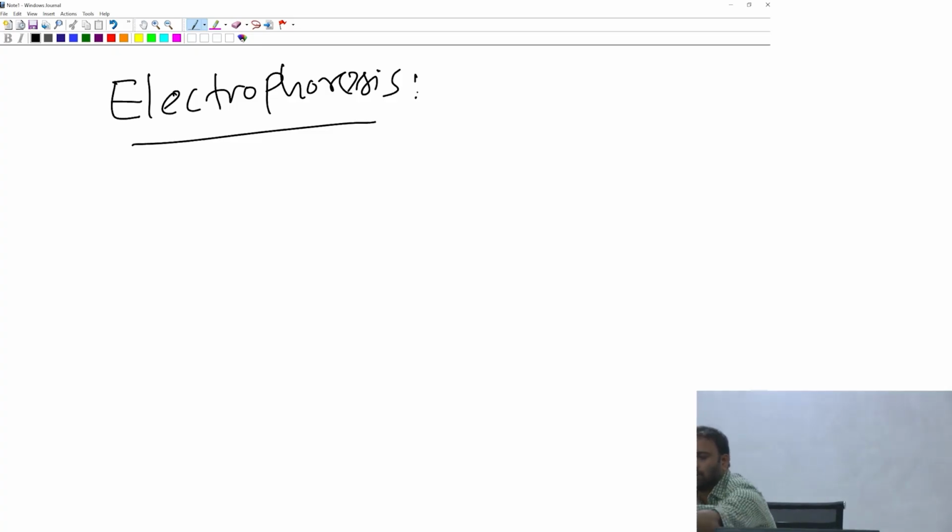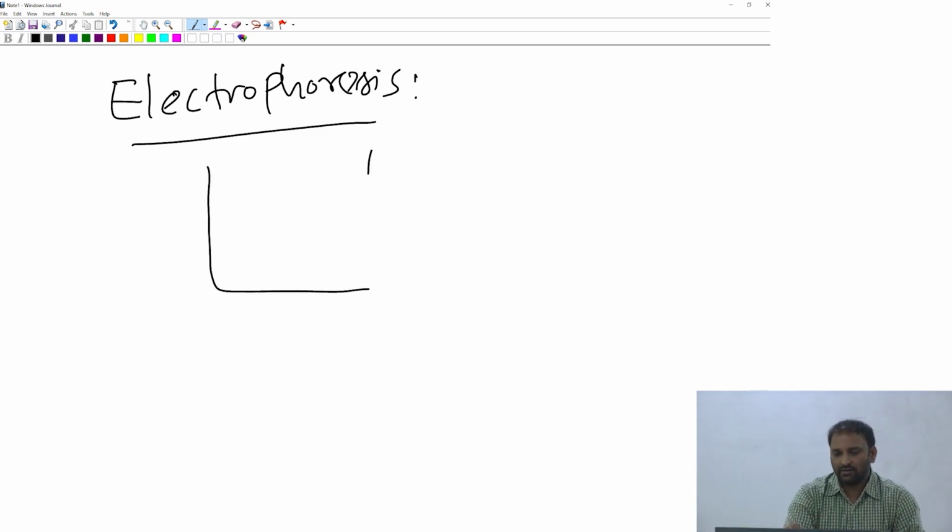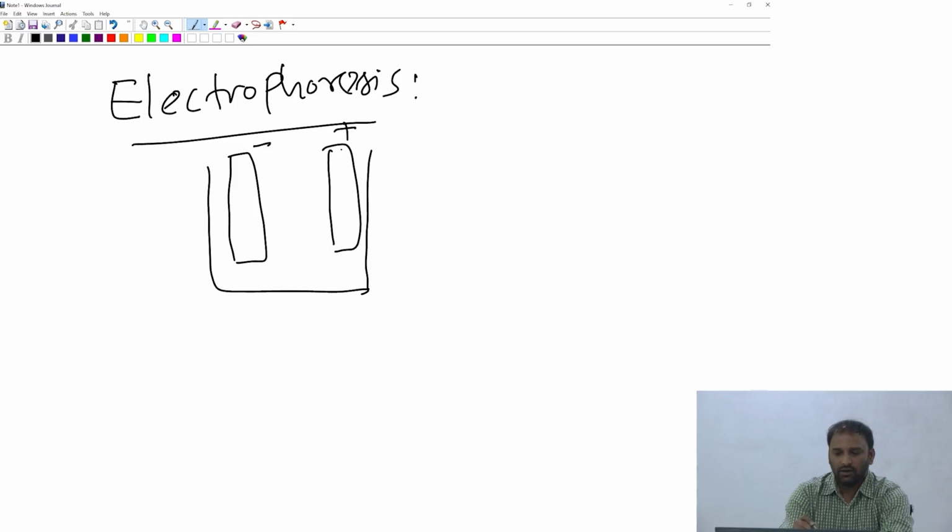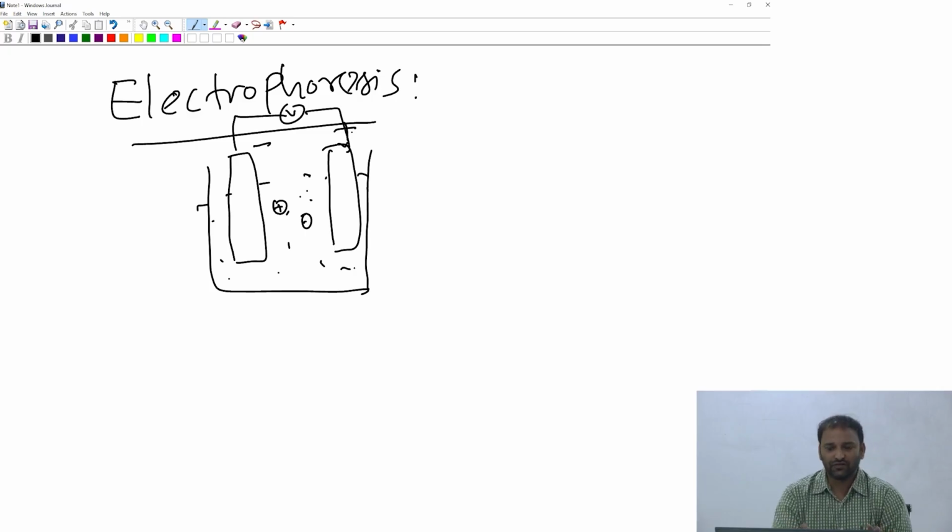For electrophoresis, all of you know, if I have a cell with a cathode and an anode, and you have ions in solution, positively or negatively charged, in a fluid, the moment you apply a voltage difference, a potential difference, the ions are going to move.